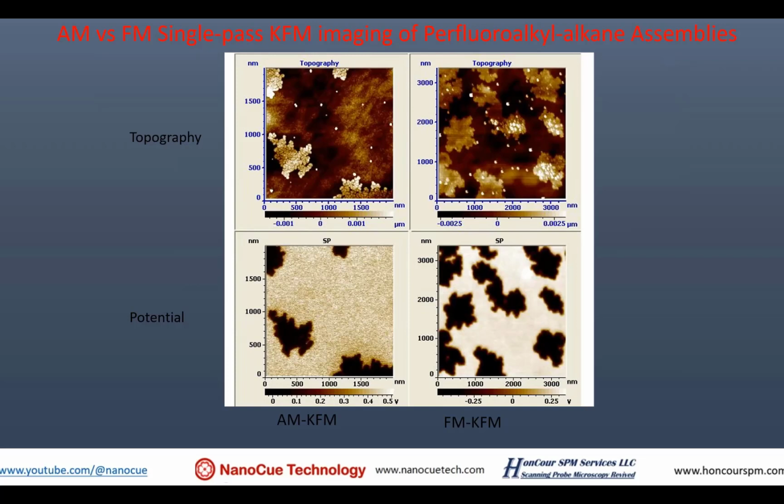And part of that is the fact that when it's on silicon, which it looks like these are, you end up seeing an image charge formed in the silicon below the silicon oxide that tries to cancel out the potential of the dipole on that side. If you put the same material on mica, you end up with almost twice the surface potential difference between the mica region and the top of these fluoroalkanes.